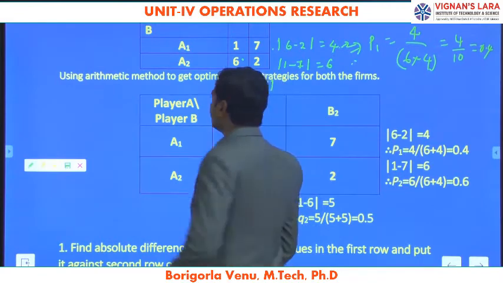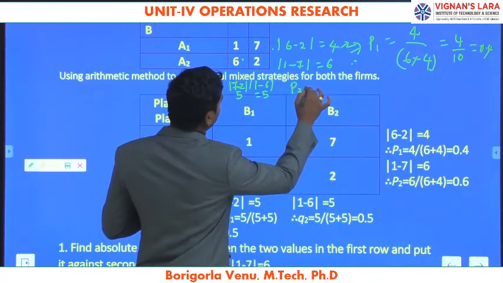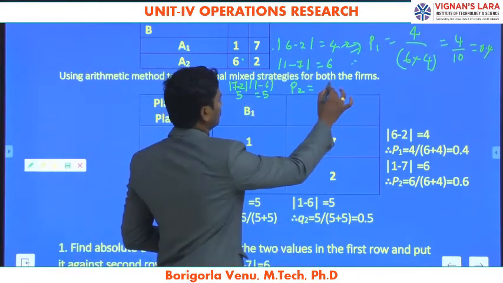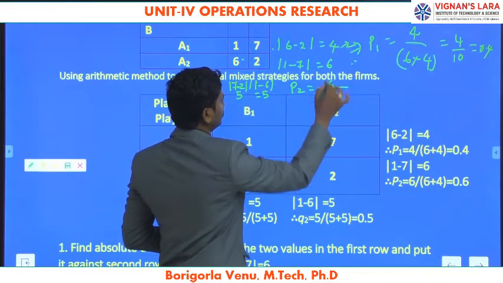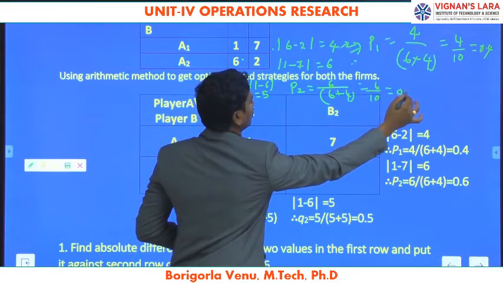Similarly P2 is 6 by 6 plus 4, that is 6 by 10, which is 0.6.